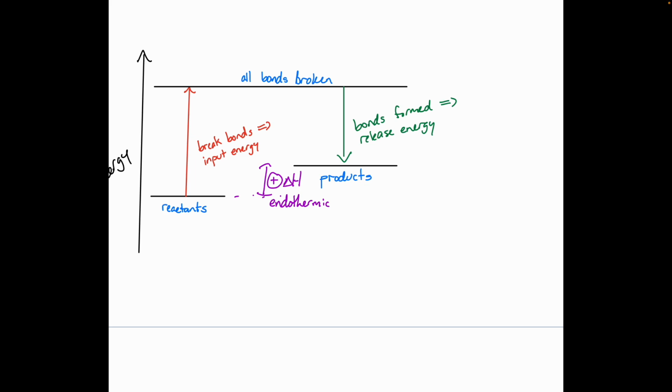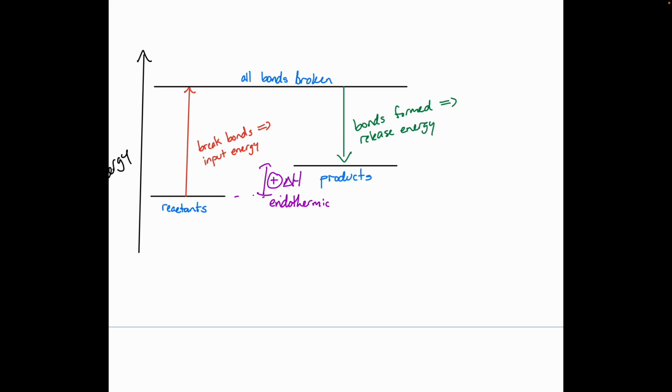And when we do a chemical reaction, that energy can be transferred into our other type of energy, thermal energy, being released by our chemical reaction, or absorbed, depending on whether we have to put in more energy to break bonds, or whether more energy is going to be released when new bonds are formed.